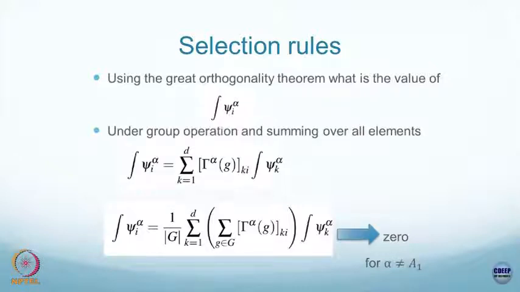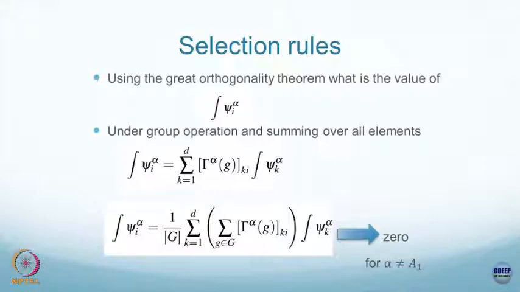Okay. So, for the group operation on psi I alpha, for a particular group element, there is a matrix for each of the irreps. If it is an E dimensional irrep, it will be a 2 cross 2 matrix. If it is a one dimensional irrep, it will just be the character. Depending on which irrep you are looking at, it will be in general a matrix, okay, and you get a linear combination within the same alpha irrep.